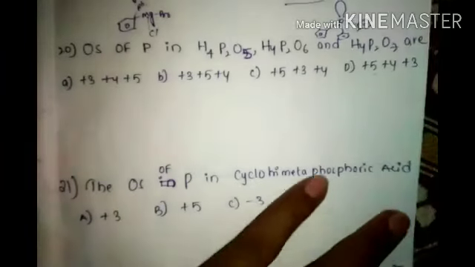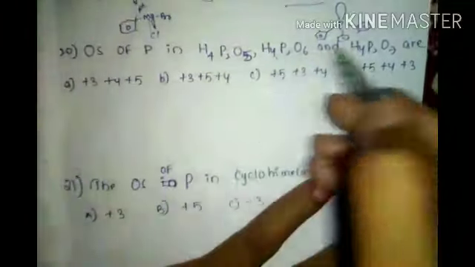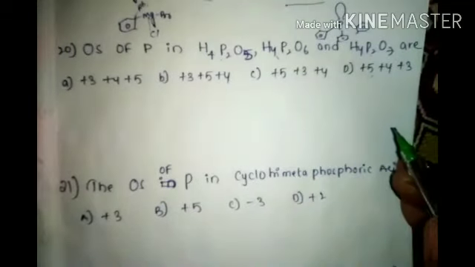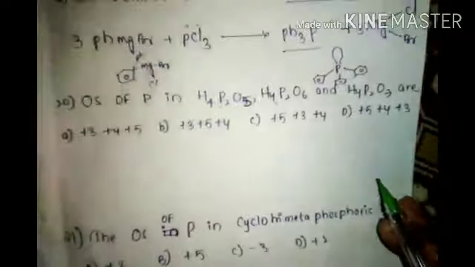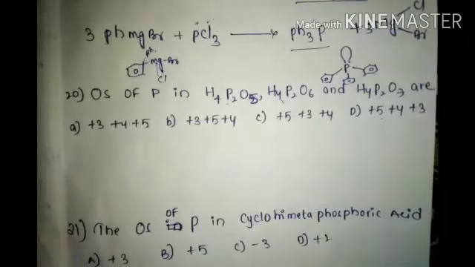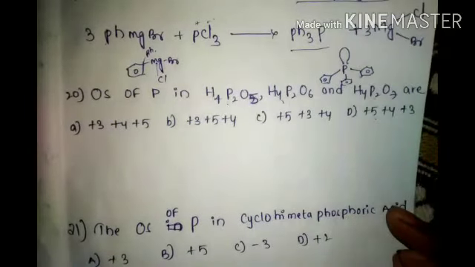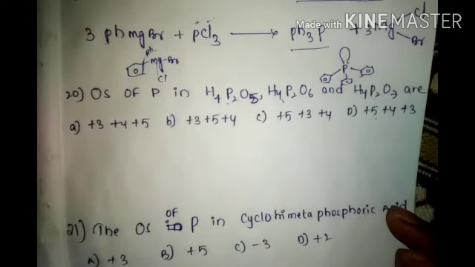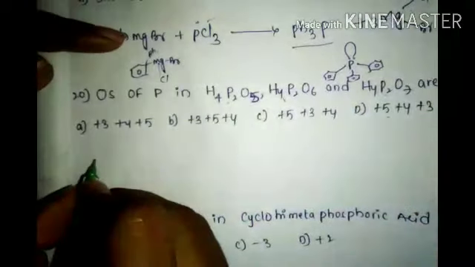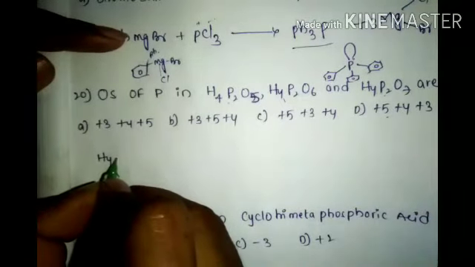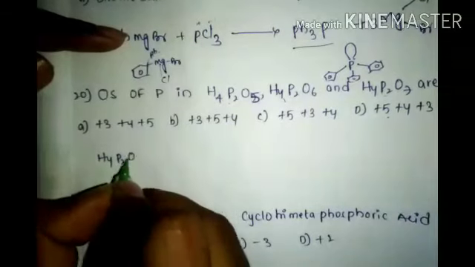This is the oxidation state of phosphorus. Let's take, first go to H4P2O5.